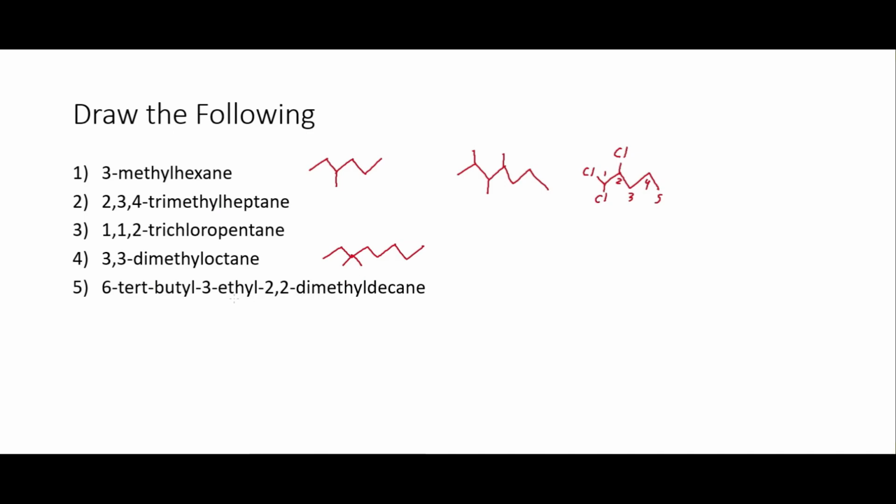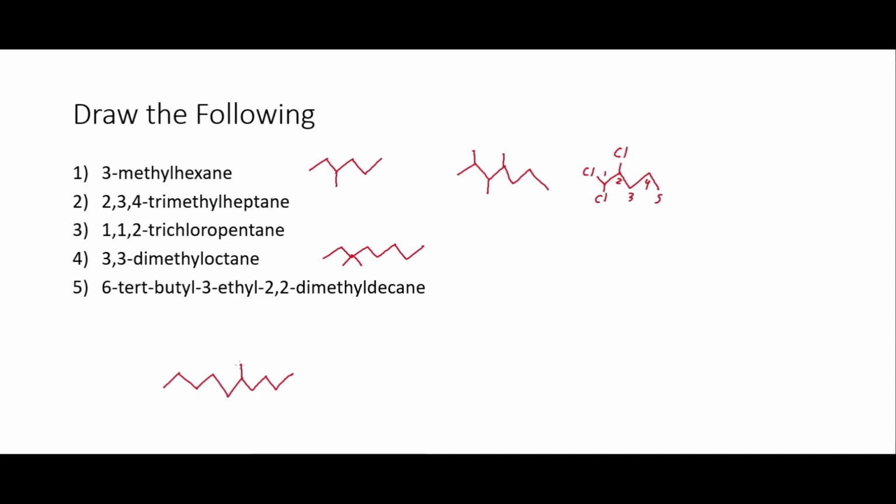Then we have this 6-tert-butyl-3-ethyl-2,2-dimethyldecane. So we'll start with the decane backbone. So 1, 2, 3, 4, 5, 6, 7, 8, 9, 10. So we have 6-tert-butyl. So we're going to go 1, 2, 3, 4, 5, 6. We have this tert-butyl here.